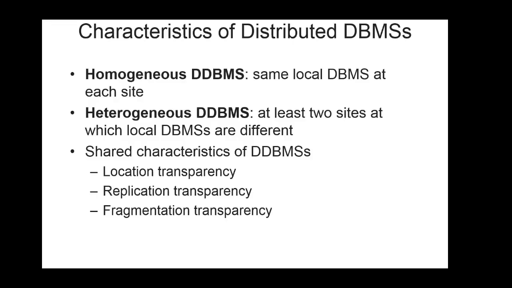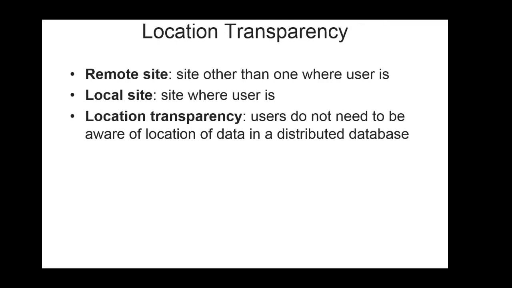All distributed database management systems share some important characteristics. Some of the characteristics are location transparency, replication transparency, as well as fragmentation transparency. Let's look at location transparency.